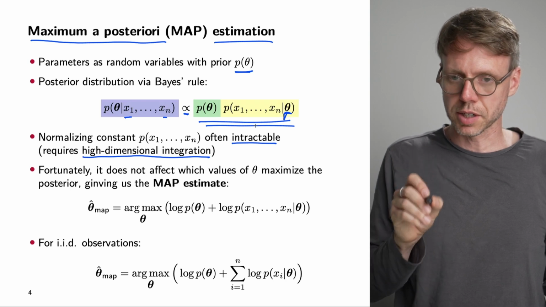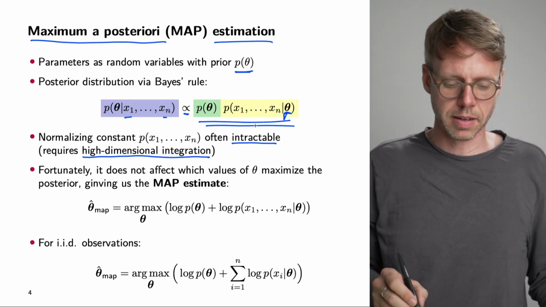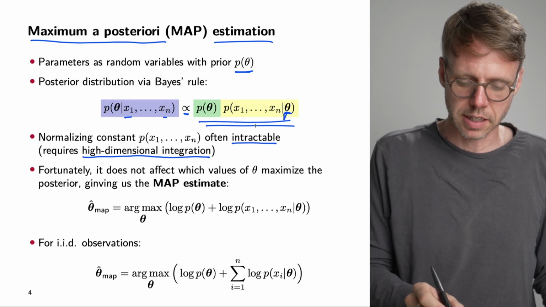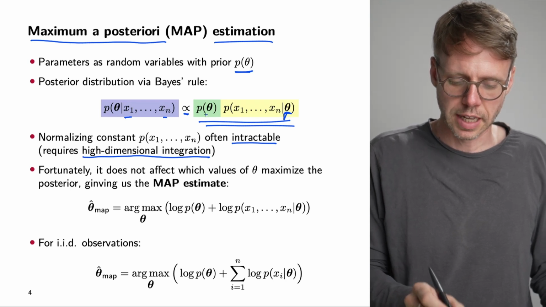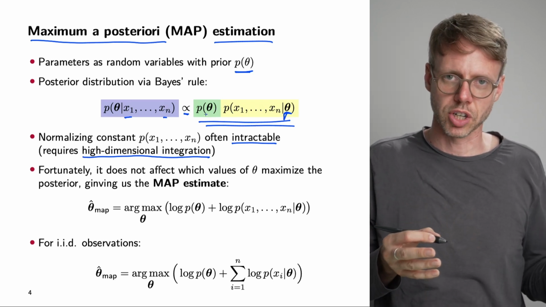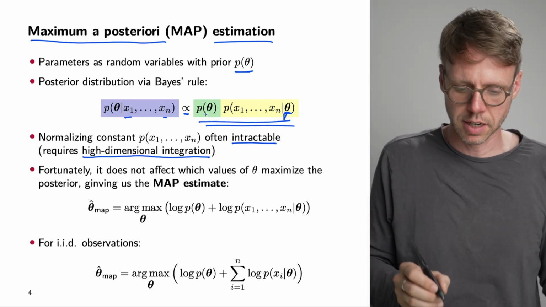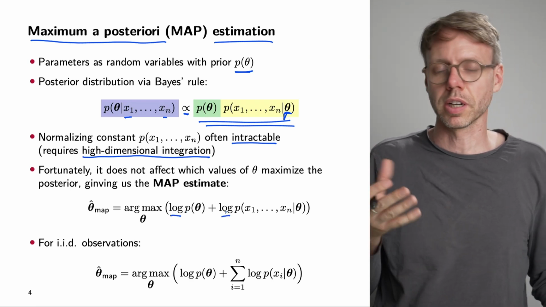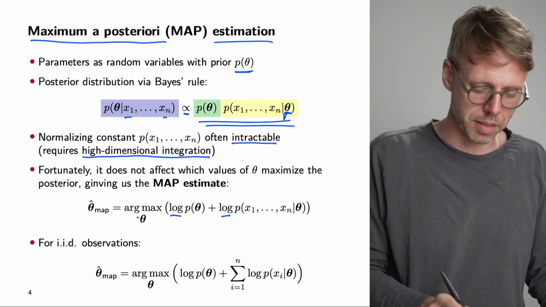And that's exactly the trick that we do in maximum a posteriori estimation. We maximize the product of the likelihood and the prior, or equivalently, typically it's just mathematically a little bit easier to take the log of that and maximize the log. It will have the same optimum theta hat.